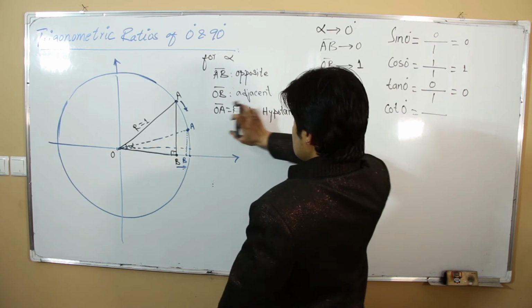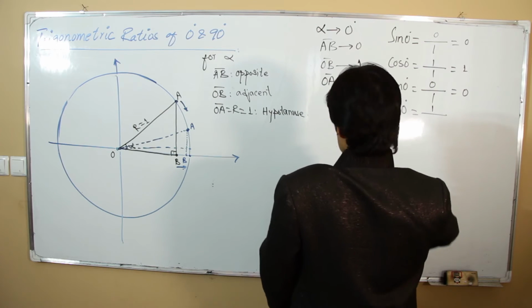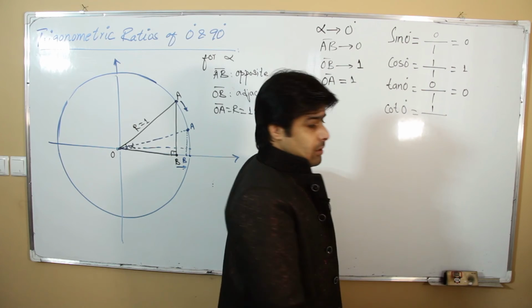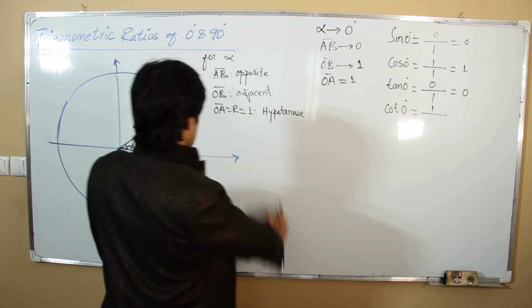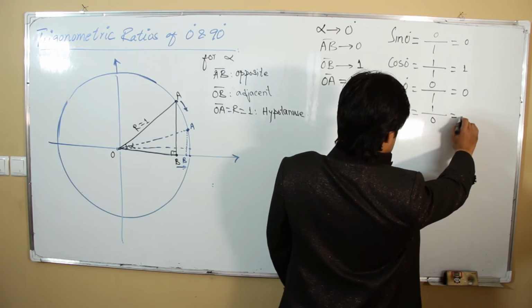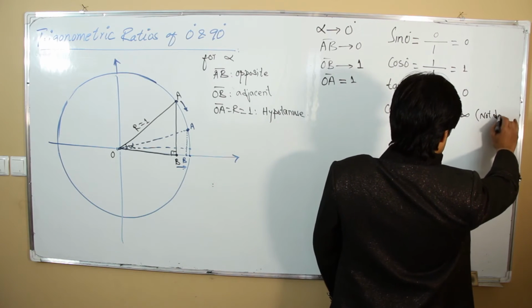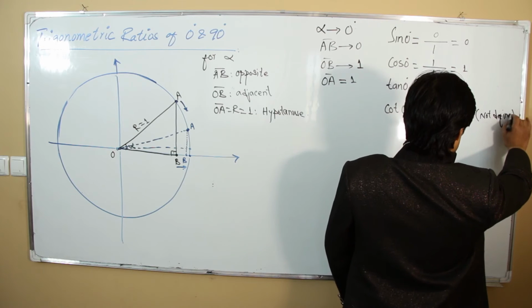What is your adjacent? OB, and OB is 1. Am I right? Divided by what? By opposite. What's your opposite? AB, and AB is 0. 1 divided by 0 is infinity, which is not defined.